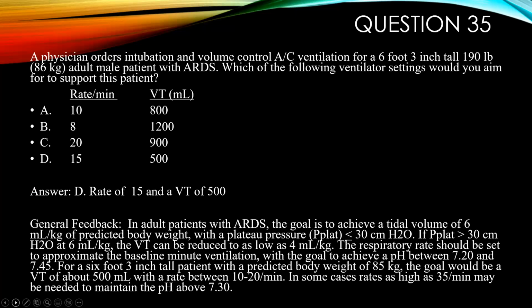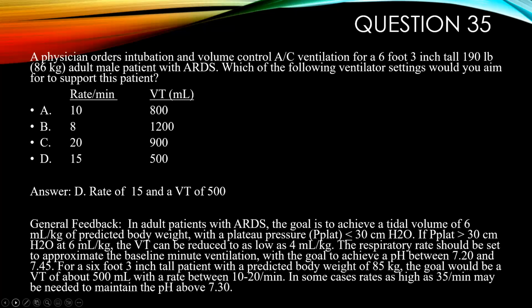In adult patients with ARDS, the goal is to achieve a tidal volume of 6 mLs per kg of predicted body weight with a plateau pressure equal to or less than 30, preferably equal to or less than 25.